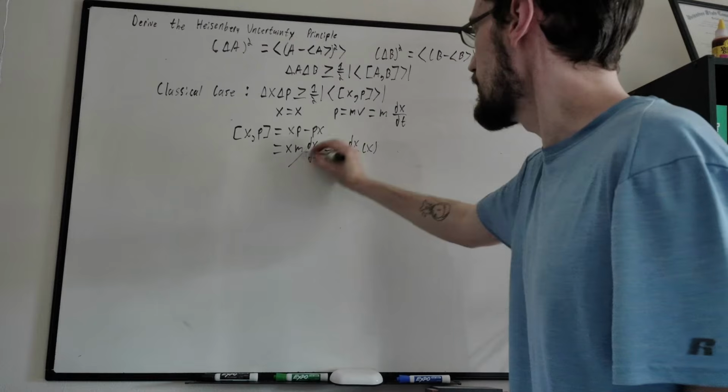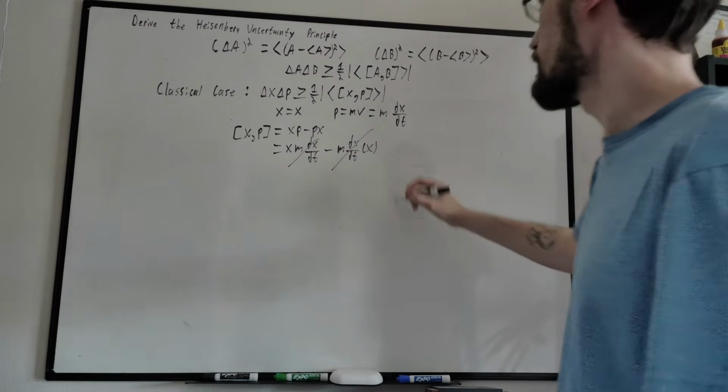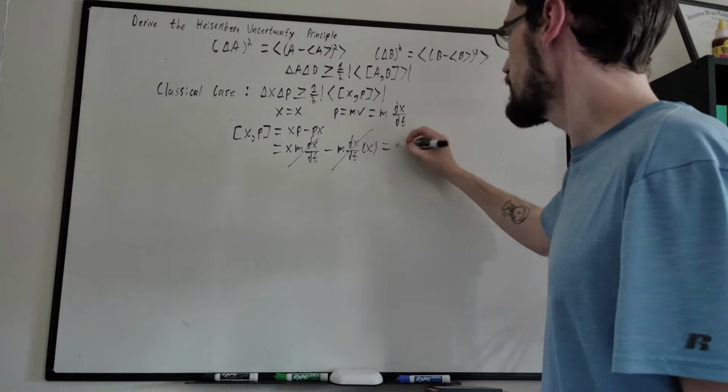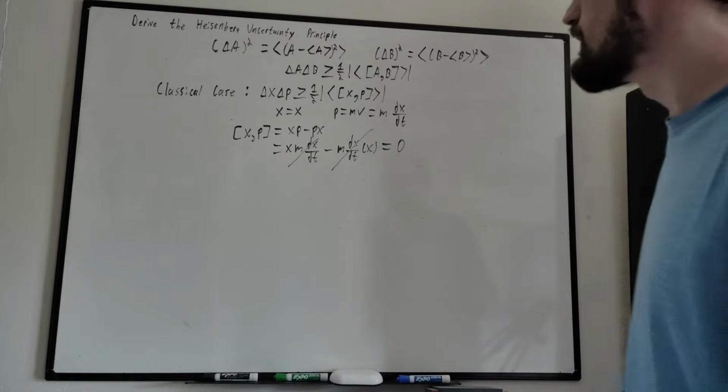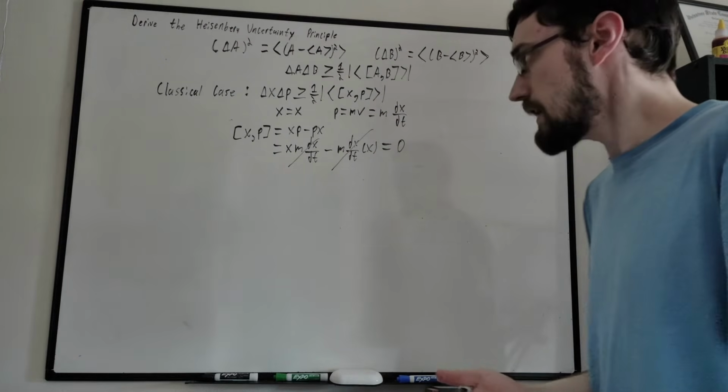But these just cancel out and give us 0. So in other words, we get what's called a trivial case.